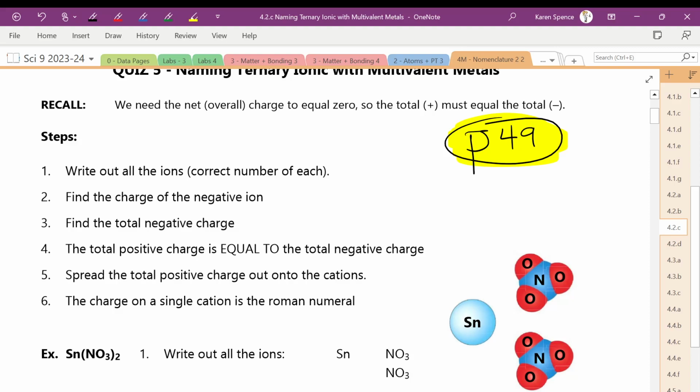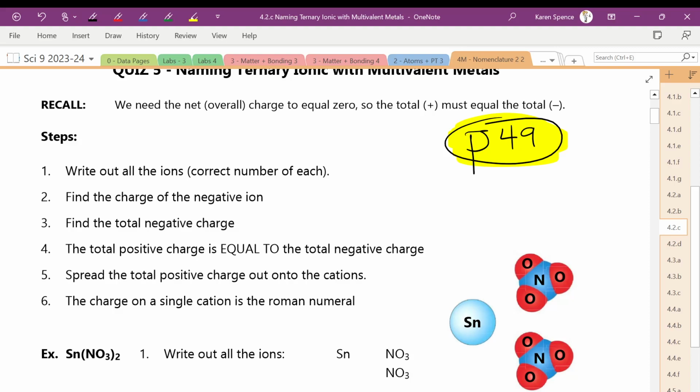There will be a unit test at the end of this. It will be all the different types of naming mixed together. We're also going to write formulas, all the different types mixed together. So quiz number 6 will look like half the test, except the test will be twice or 3 times as long, because that's only 6 questions. I'll give you maybe 18 or 20 questions. Okay?